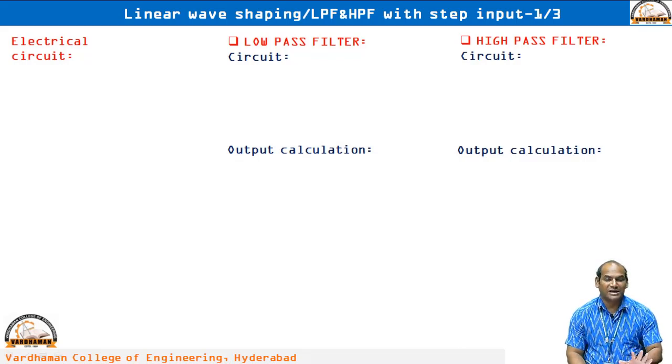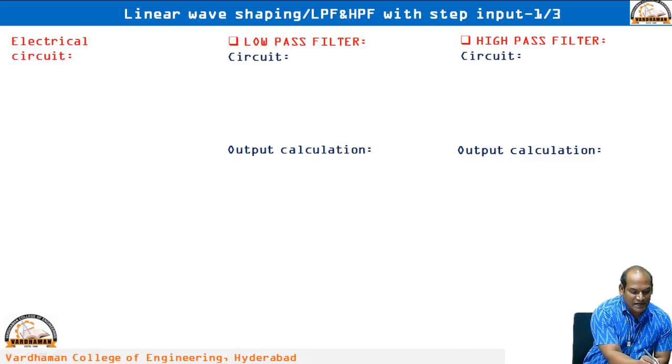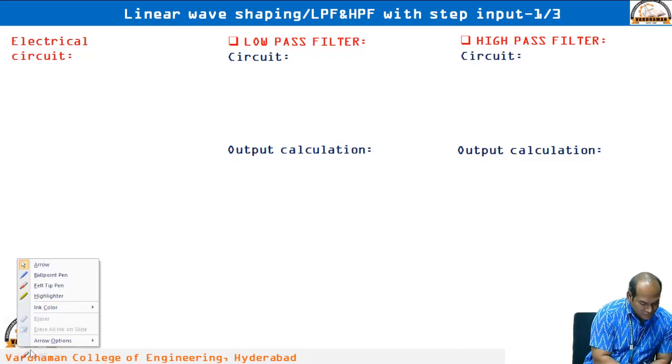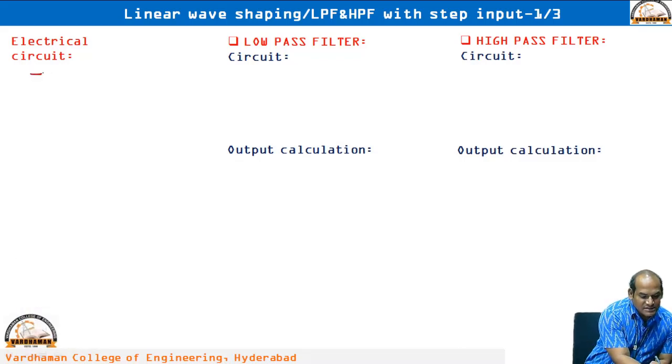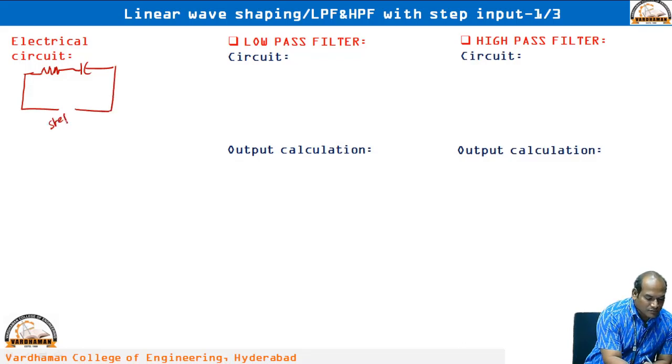Okay. So, I am taking one electrical circuit containing the series connection of resistor and capacitor, and for this I am giving a step voltage as input: 5 volts at t is equal to 0.